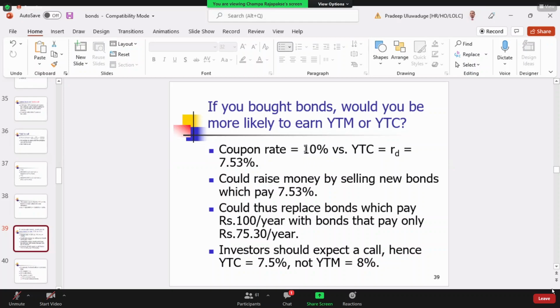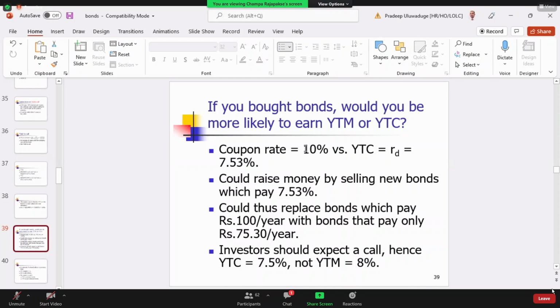Right? So in other words, it is the cost of the bond for the company. Now, coupon rate, yes, it is 10%. And the yield to call that we calculate gives us a cost of 7.53, right?